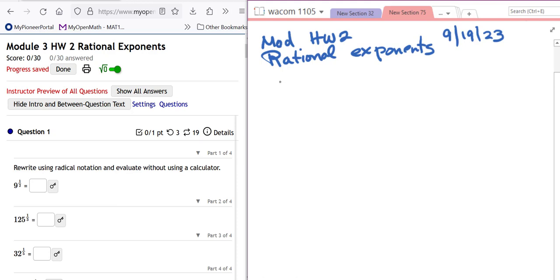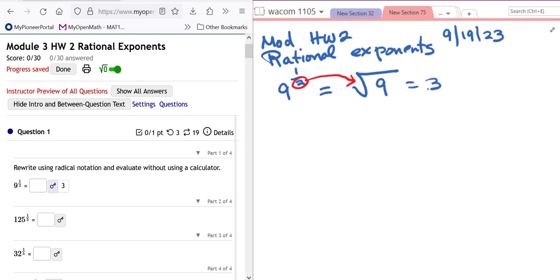Right, and so if we have 9 to the 1/2, that is the same thing as doing square root of 9, which we can simplify. Your denominator is the index. All right, so you have to learn how to switch between these two types of notation. Then square root of 9 is 3. So we could simplify that.